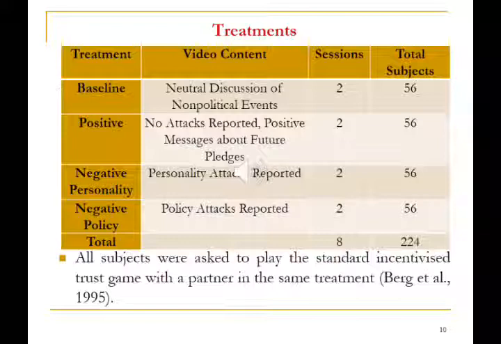And after subjects watched this clip, all of them were asked to play the standard incentivized trust game with a partner, an anonymous partner, of course, in the same treatment.